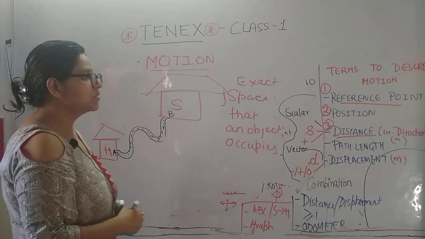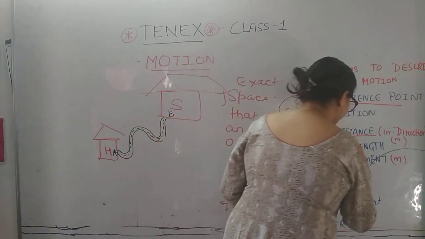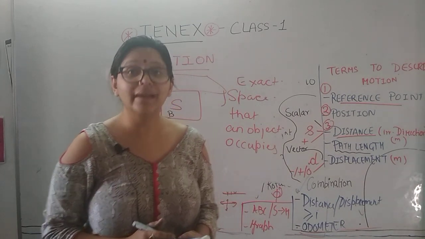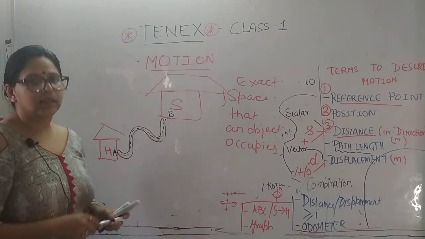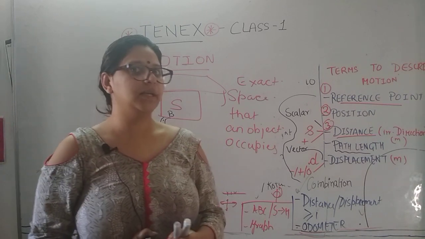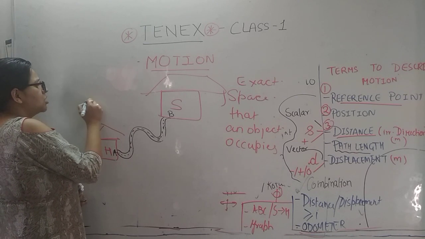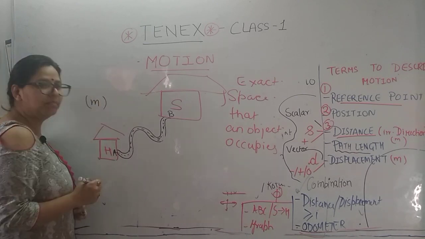Guys, sometimes we also use the term path length to define the distance. The actual path length will be referred to as the distance. We measure distance in terms of meters.